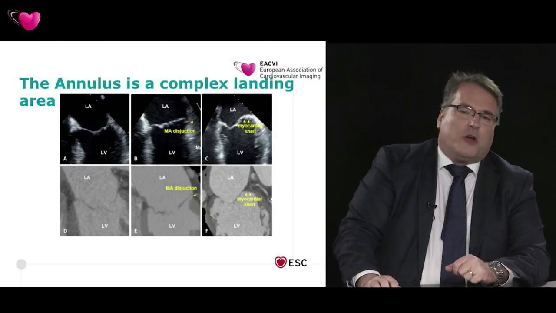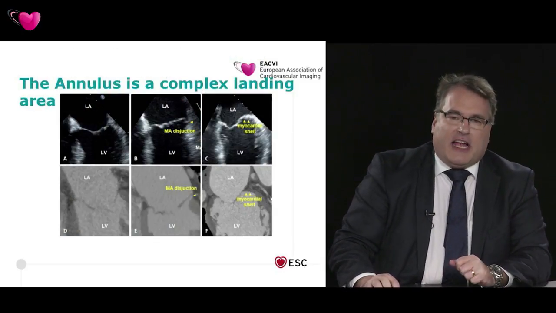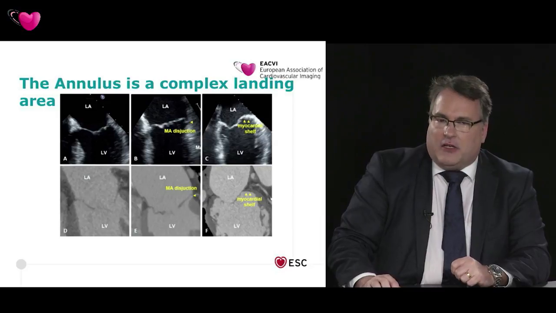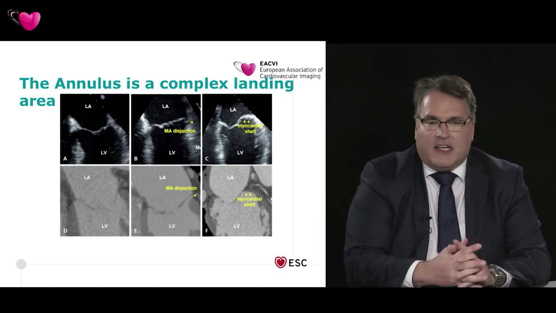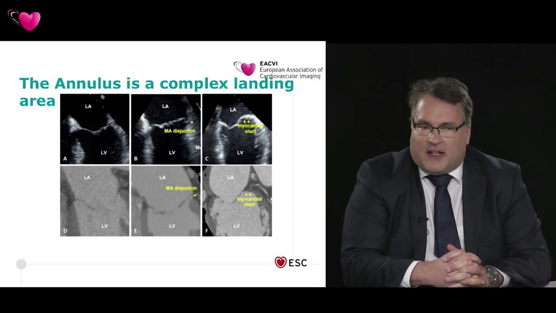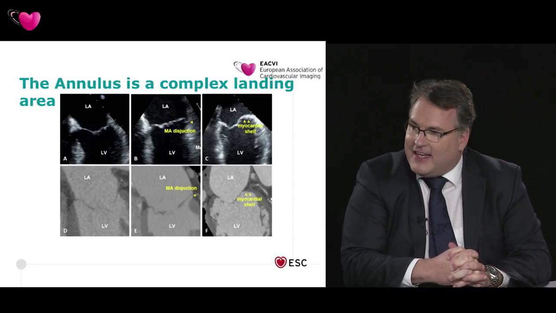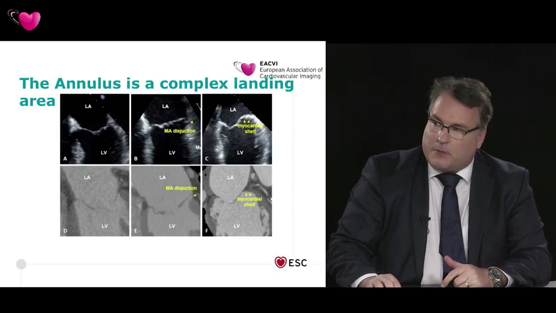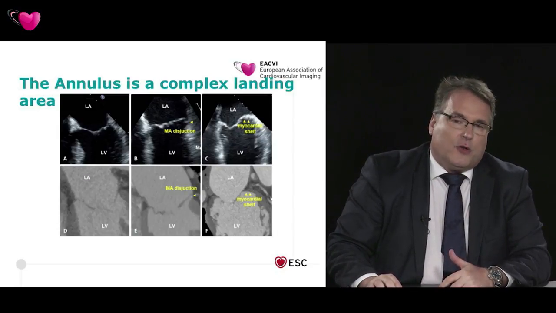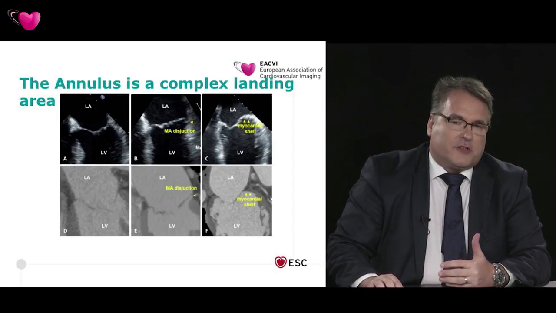If we go more into detail, we see that actually echo is not so bad. The annulus is a very complex landing area, a complex landing zone. And here you see the comparison between the same patient in a CT and the same patient in a cut plane, MPR, as you pointed out, multiplanar reconstruction, to look into the different shellfish-like structures or different shapes of the ring structure to the leaflet.